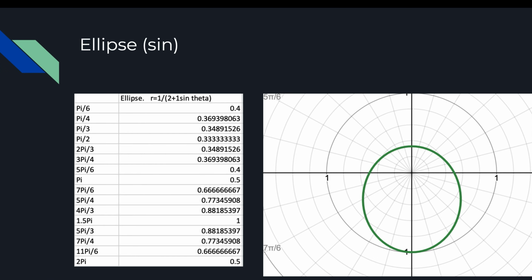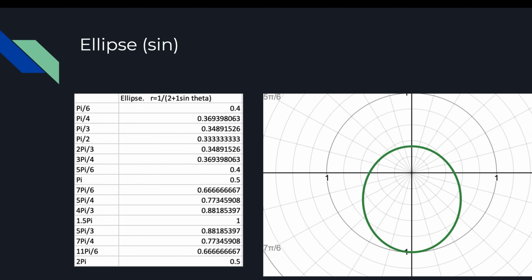Then there's a second asymptote where theta equals 11 pi divided by 6, because once again sine theta is approaching negative 0.5. So basically, from 7 pi divided by 6 to 11 pi divided by 6, r is negative, and the point is reflected over the pole. This is why for hyperbolas, a is always less than b.